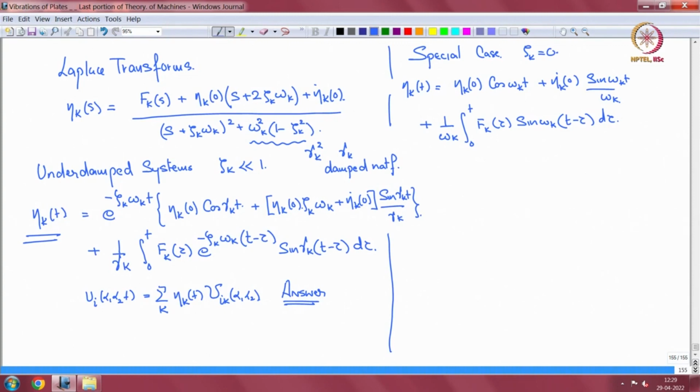Now we have various systems. We have beams, where we are, let's say, interested only in the transverse motion, and we have, let's say, plates. We could be interested in the in-plane motion, rectangular plates in plane motion.